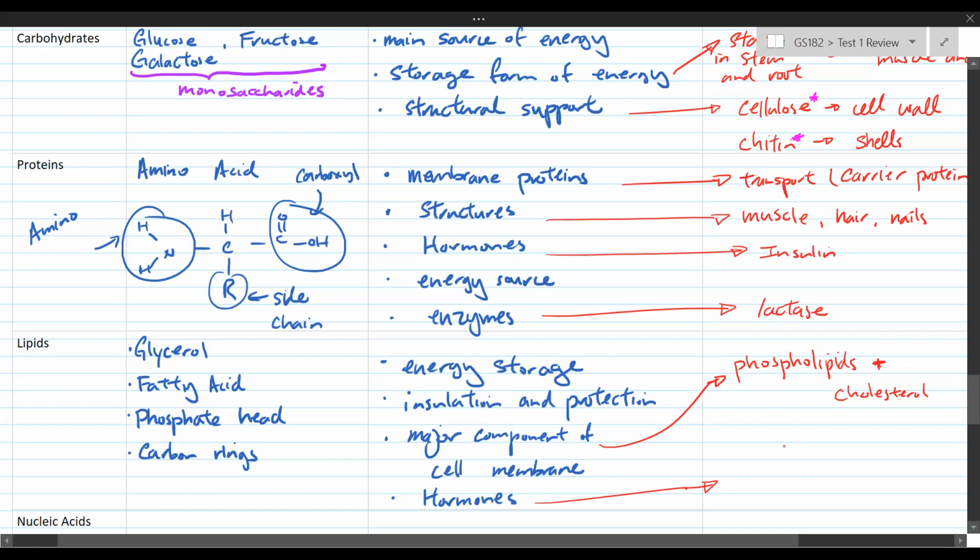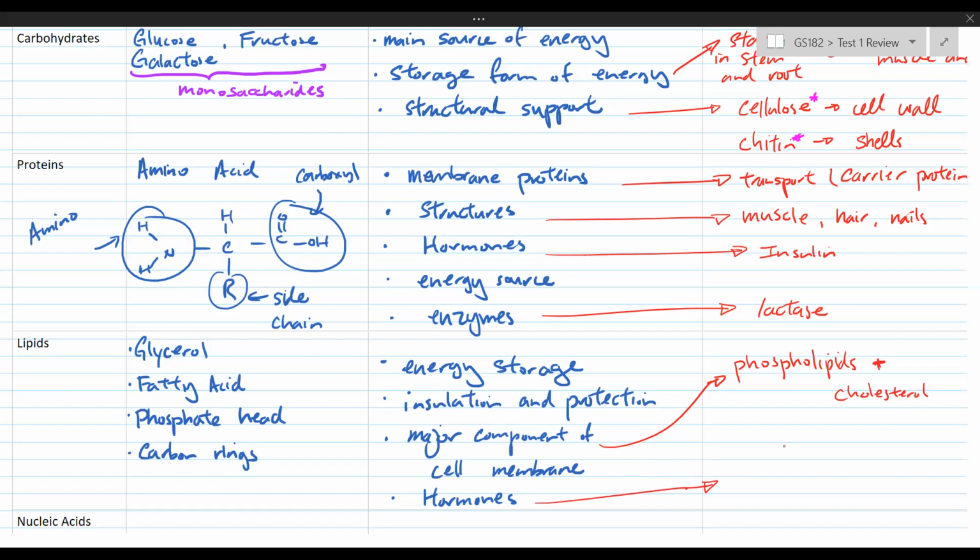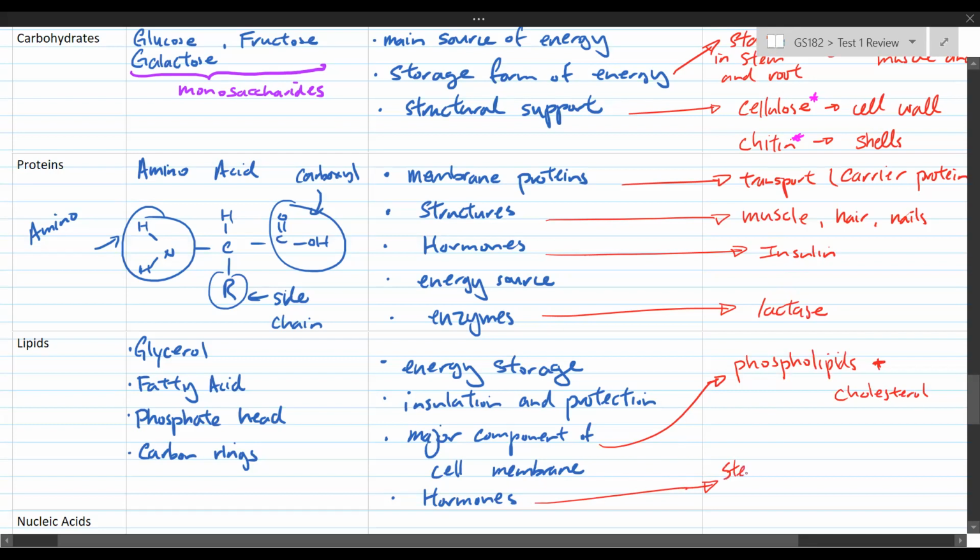Give me an example of hormones. Steroids, that's right, steroid hormones. Do we have a specific example of steroid hormones? They are made of cholesterol, but cholesterol is not a hormone itself. That's right, estrogen, right? Testosterone and that kind of stuff.